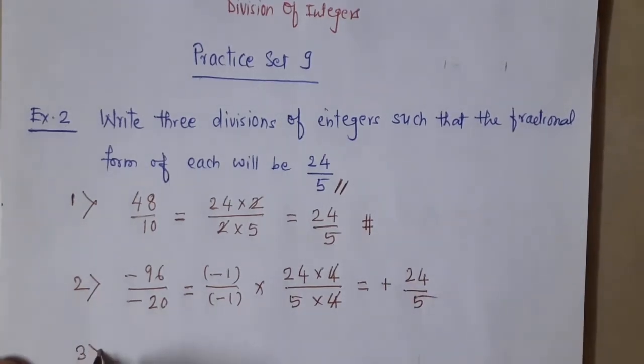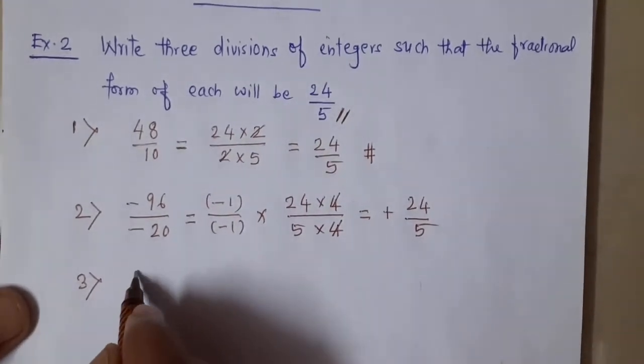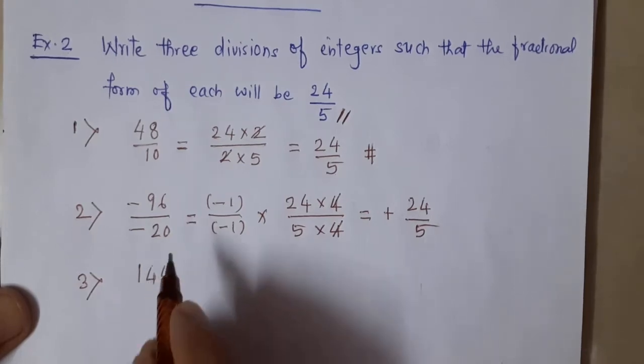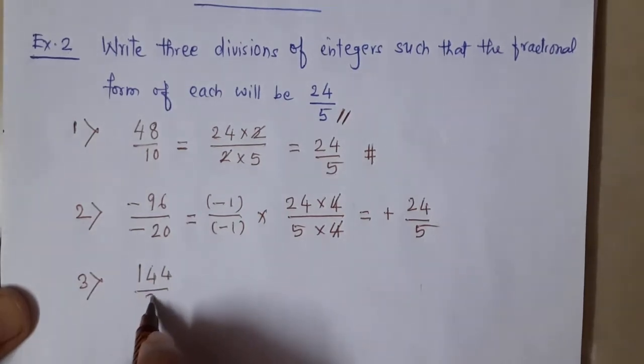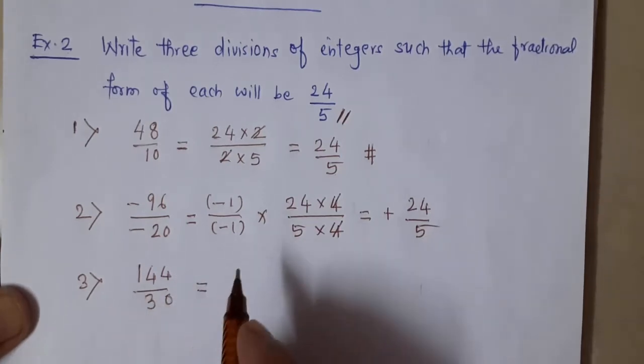And now third, if I am taking it as 144 by 30, how can I simplify this 144?